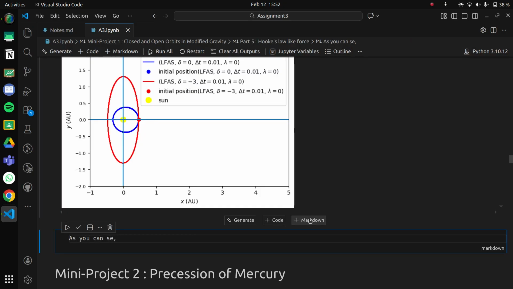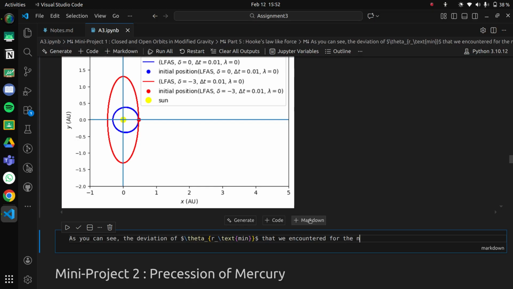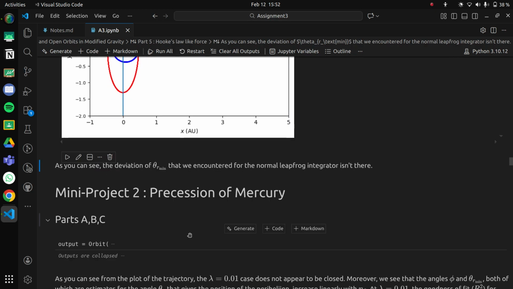As you can see, the precision that we will encounter, the deviation of theta r minimum that we will encounter for the normal leapfrog indicator isn't there. I think that's correct.